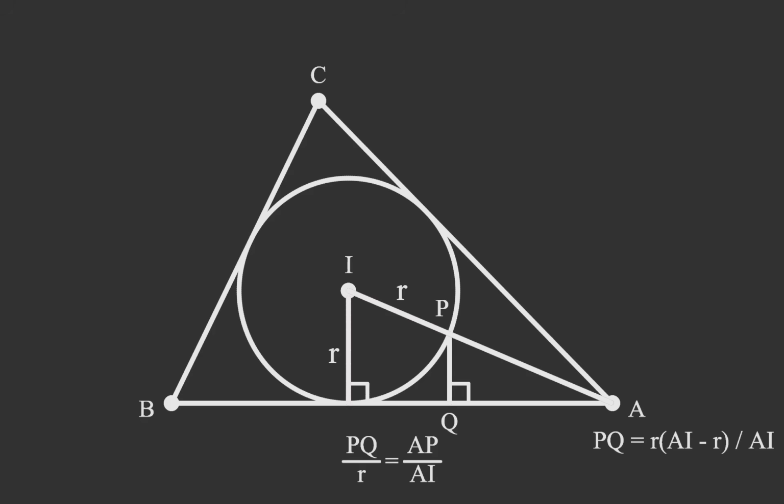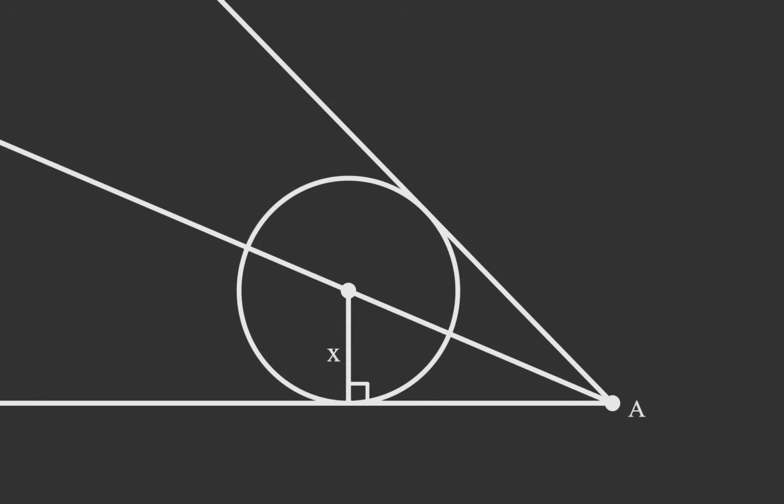Now PQ is the diameter, but what we really want is the radius, which I'll call X. The radius is just going to be half the diameter, and you can see how we want the new smaller pen to fill this corner nicely. In fact, if we zoom into that corner, we see it looks very similar to our larger triangle.